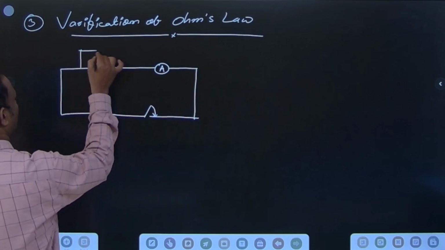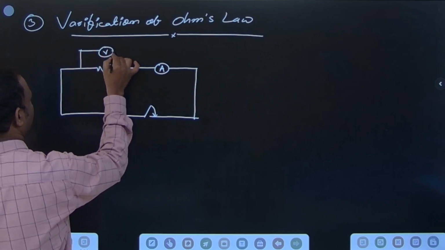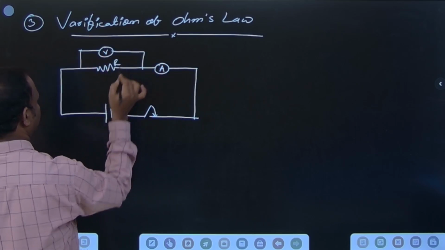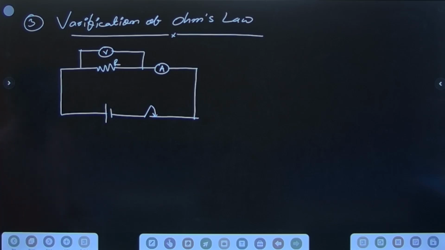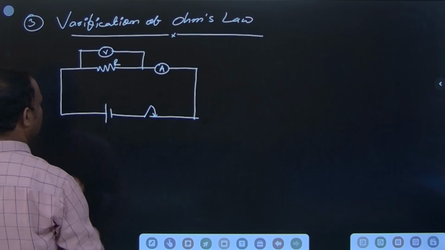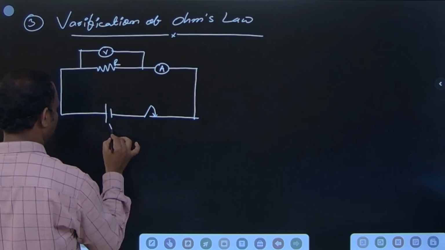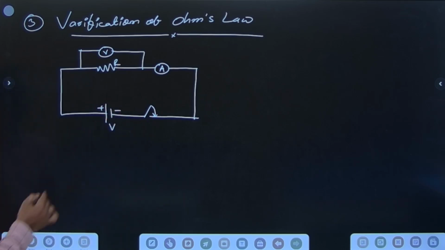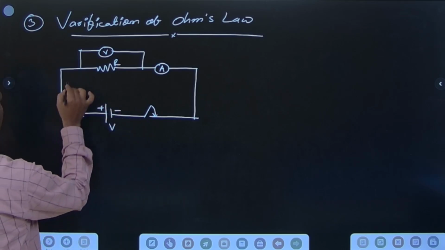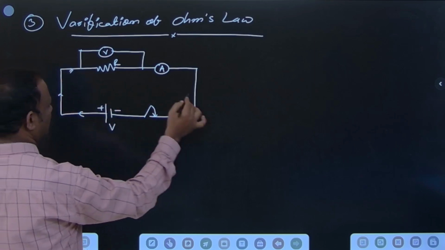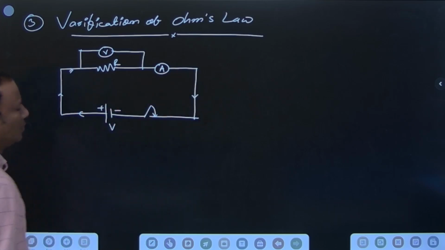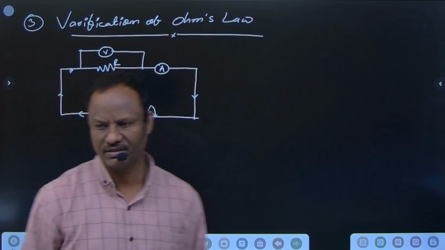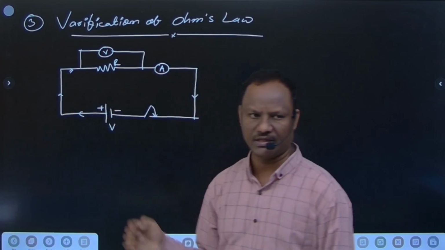One voltmeter is connected to measure the potential difference of the given resistor. Its potential is V, plus and minus. Potential difference is V. Usually current flows in this way. The voltmeter reads potential difference, and the ammeter reads current.